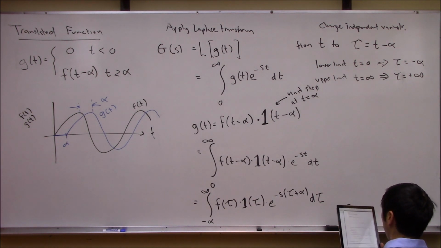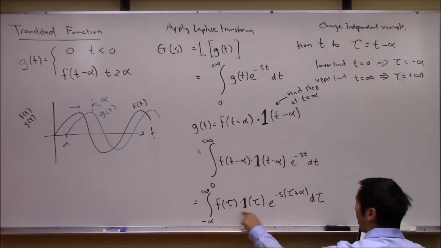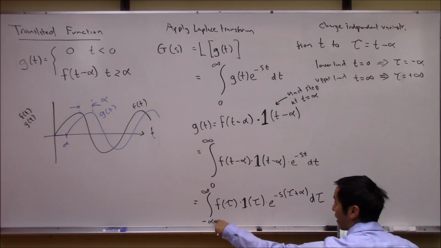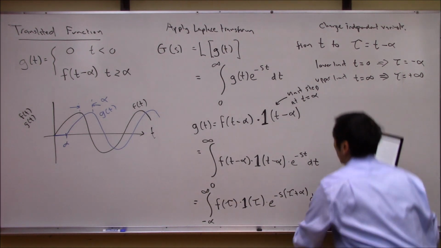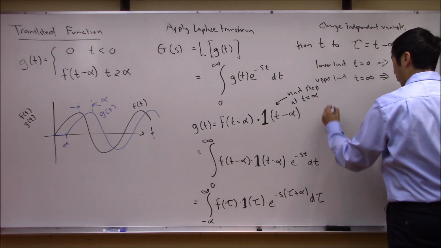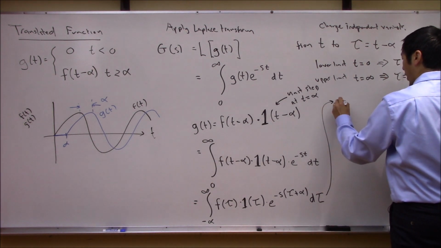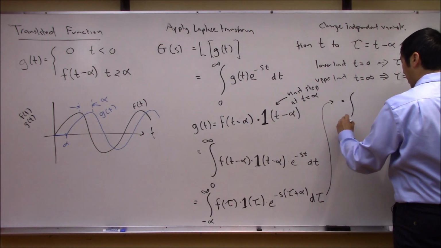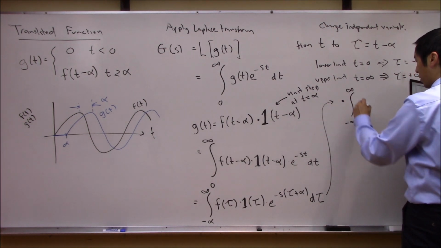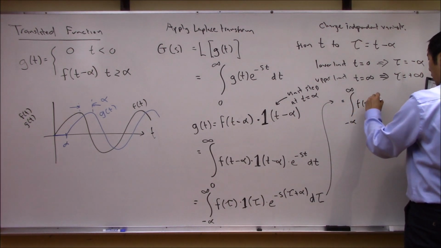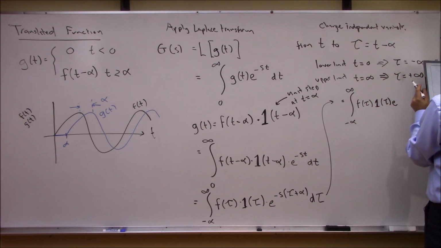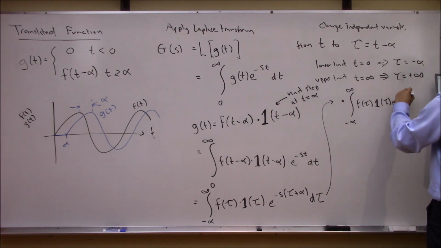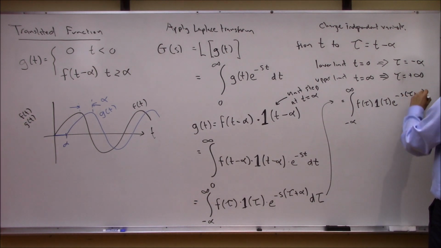Let's break up this integral. Instead of going from minus alpha to infinity, let's go from minus alpha to 0 and then from 0 to positive infinity. So I can write this as the integral from minus alpha to 0 of f of tau times unit step of tau, e to the negative s times tau plus alpha, d tau.